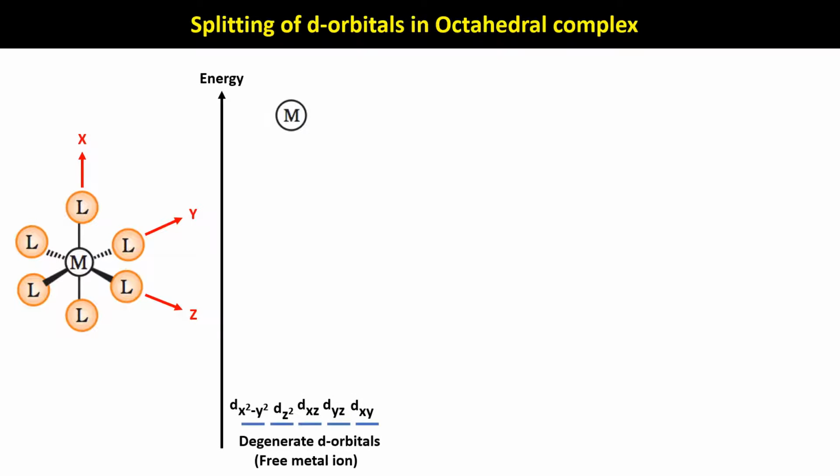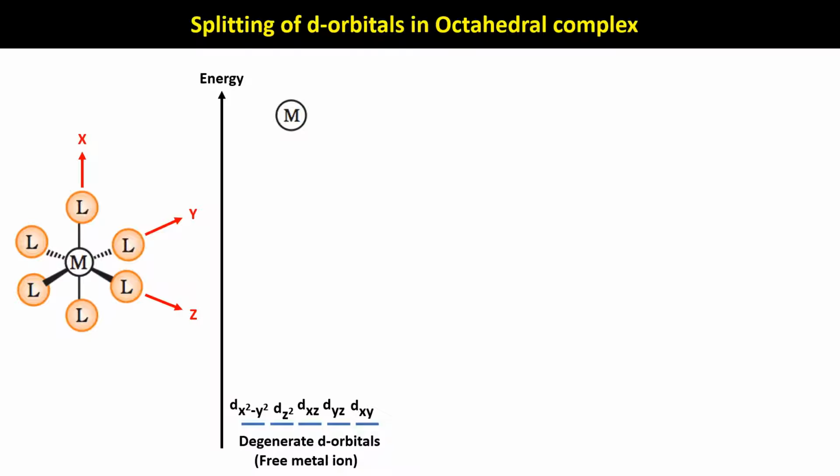When the metal is free, all the 5 d orbitals have the same energy and are termed as degenerate. When the ligand approaches towards the metal ion for the formation of metal complex, the energy of d orbitals is raised due to repulsion interaction between the negative charge or negative pole of ligand with electrons on the metal ion.